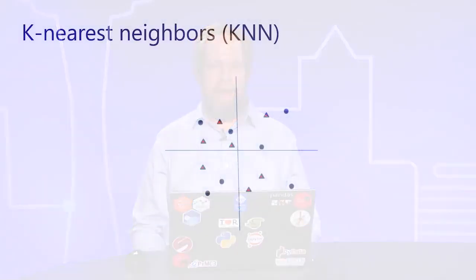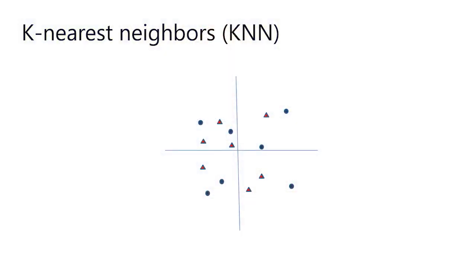So let's look at an example here. I have this data on my screen, and you can see there's red triangles and blue dots. Let's try the K equals 1 case first, okay? And I see the little question mark just appeared in the middle there, and I want to know how I'm going to classify that data case.